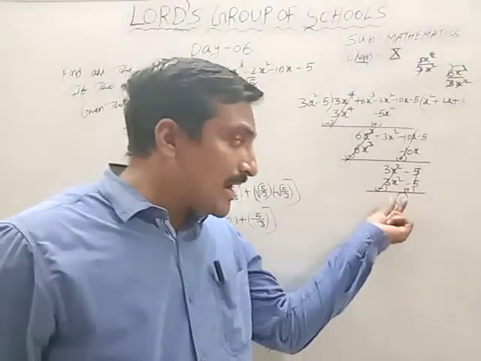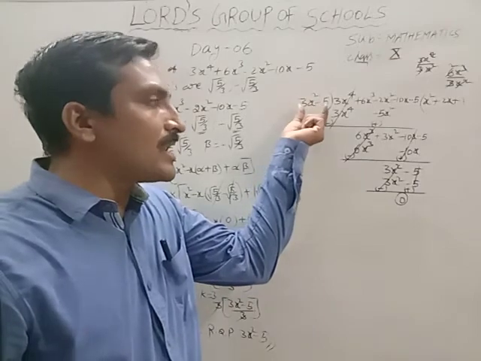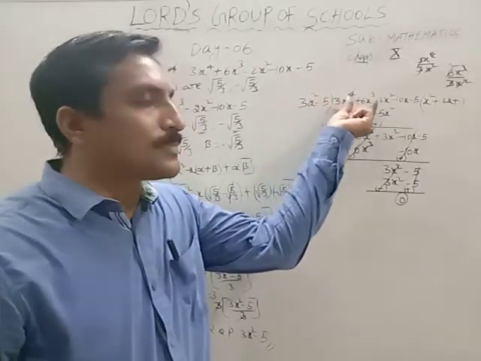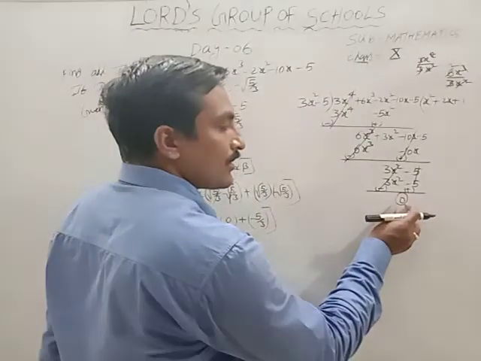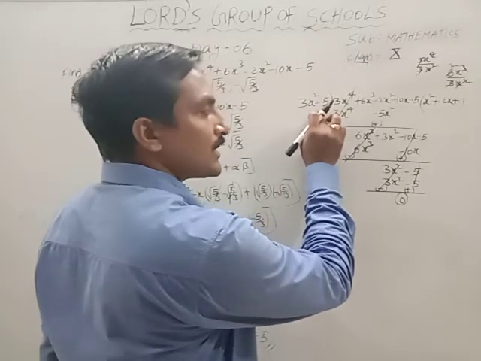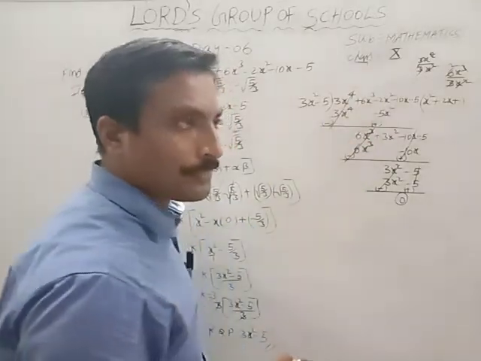When you get remainder 0, what is present in the divisor? This is a factor of this polynomial, a factor of the dividend.